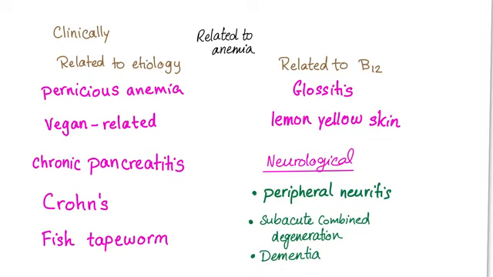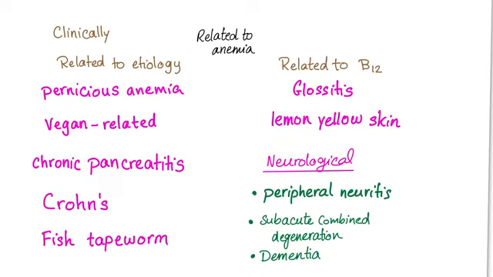Sometimes I can get angina, sometimes I have murmur, also headache, exercise intolerance, etc. Related to the vitamin B12 itself, glossitis. And if you have watched my video on the oral changes in different diseases, I've mentioned a lot of other diseases as well. Lemon yellow skin and neurological symptoms.